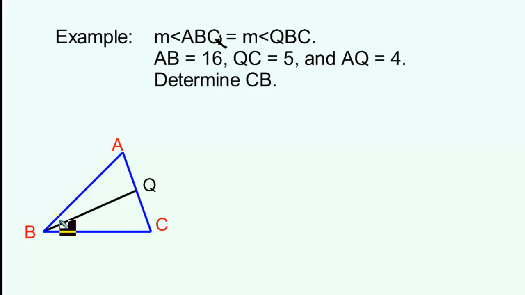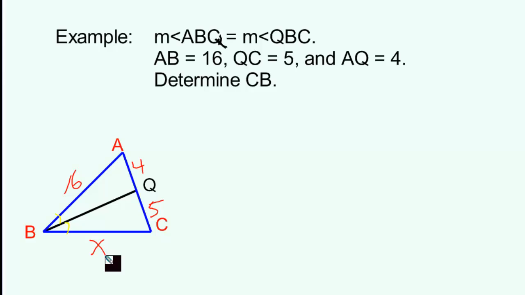ABQ is this top angle. QBC is the angle right below it. Side AB is a length of 16, QC is a length of 5, AQ is a length of 4, and determine CB. That's the X marks the spot there. That's what we need to figure out.